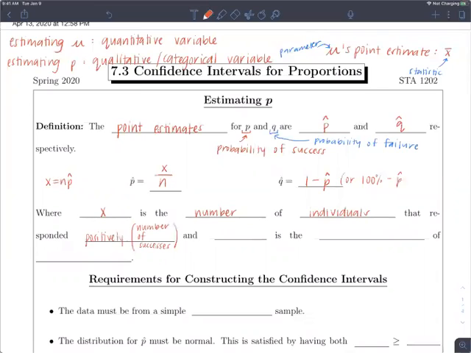And then N is the total number of individuals, or the sample size.